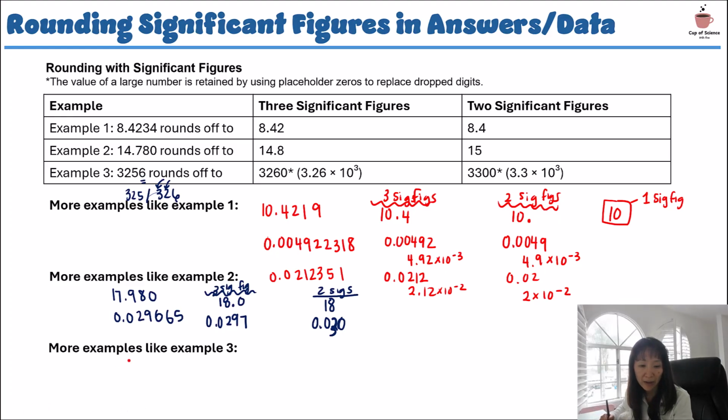So say you have 4279, and I want to put this in 3 sig figs. What would you do? You want to go ahead and accept the first 3 numbers and then 8, since that 9 is greater than 5, and then put a 0 at the end without a decimal point.